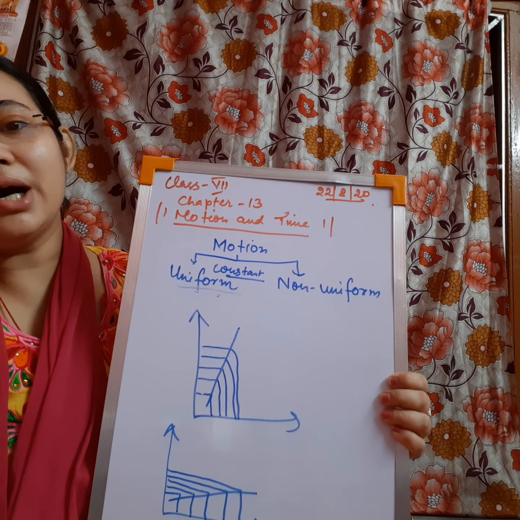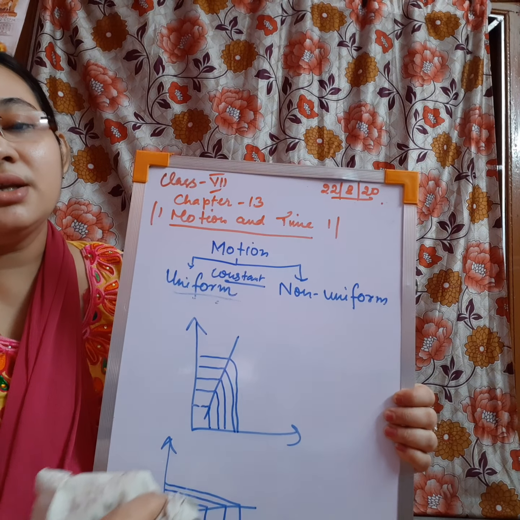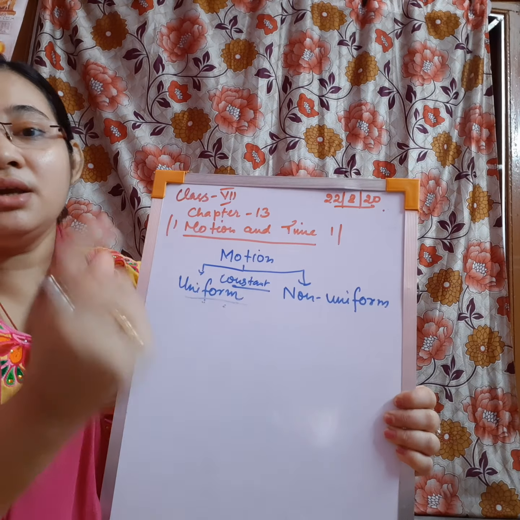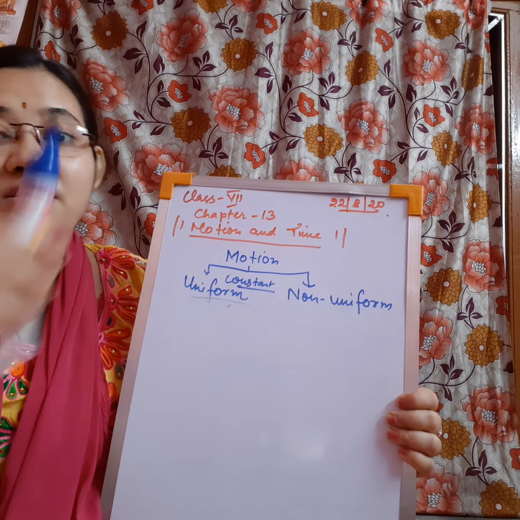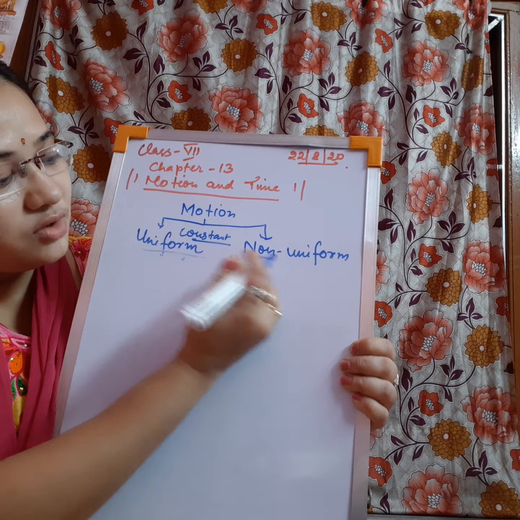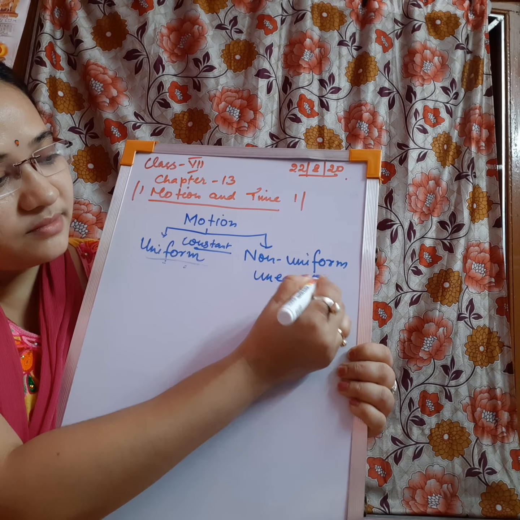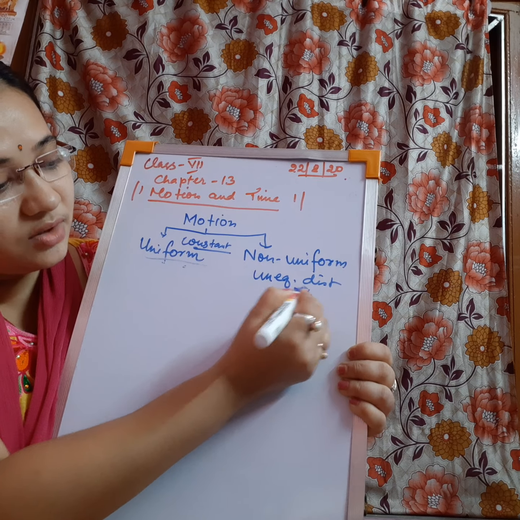So we can call such kind of graphs non-uniform, because in case of non-uniform motion, the body moves unequal distances with equal intervals of time.